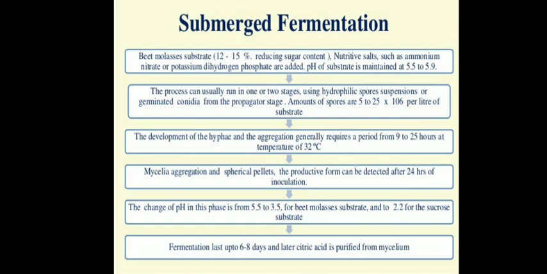The amount of spores inoculated is near about 5 to 25 into 10 raised to 6 per liter of substrate. It means in 1 liter of substrate, near about 5 into 10 raised to 6 spores of Aspergillus niger are added for the production of citric acid.